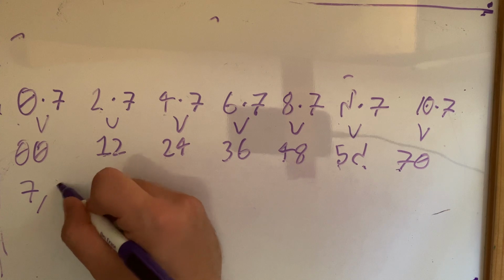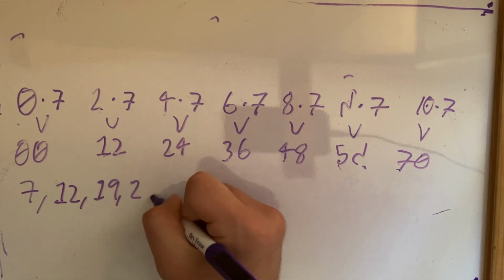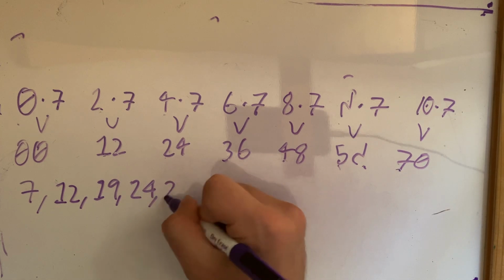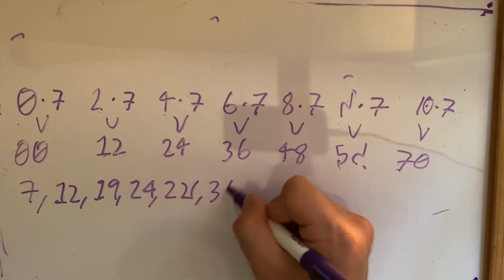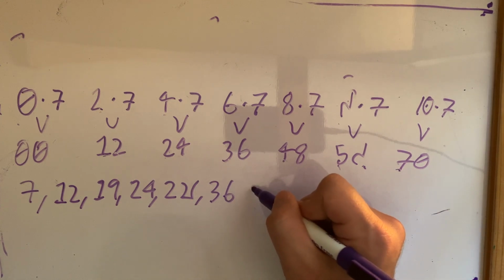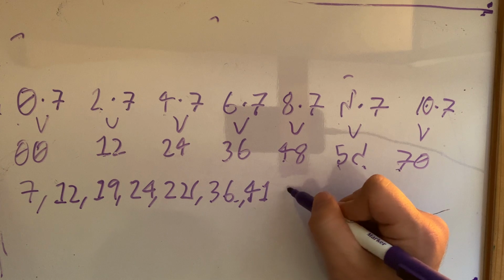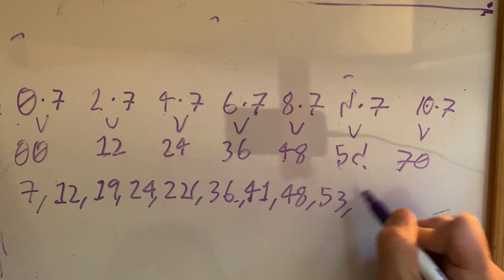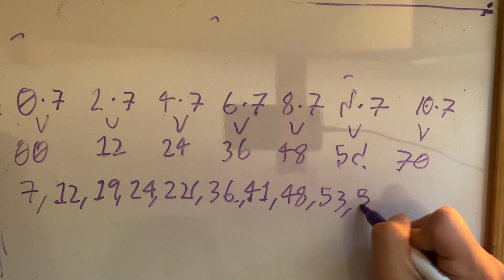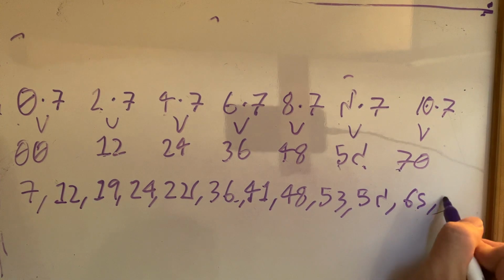7, 17, 19, 24, 20, 11, 36, 41, and then we get 48, 53, 50, 10, 65, 70.